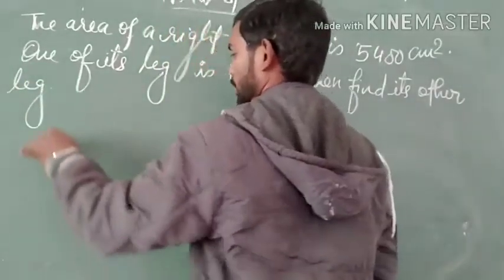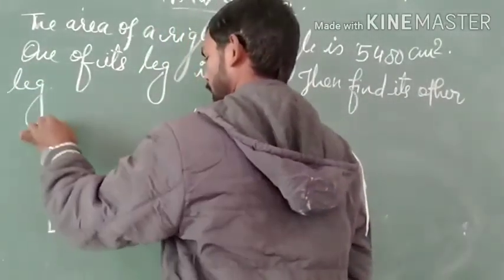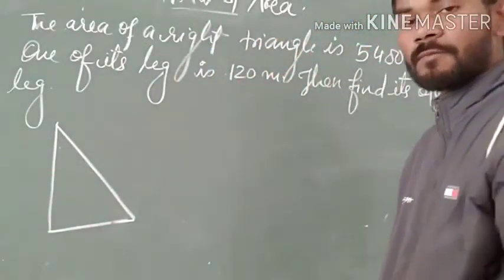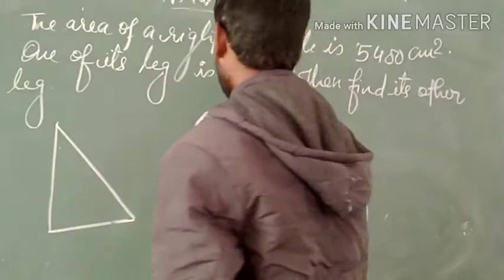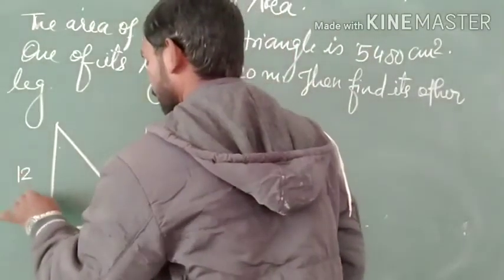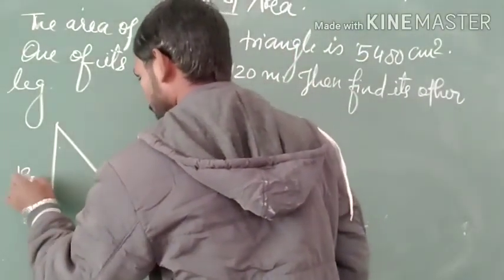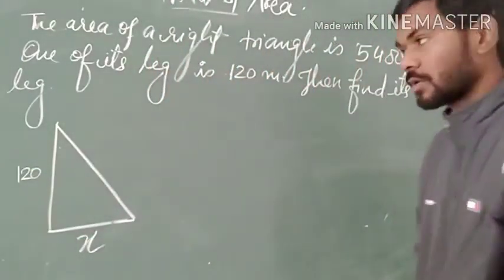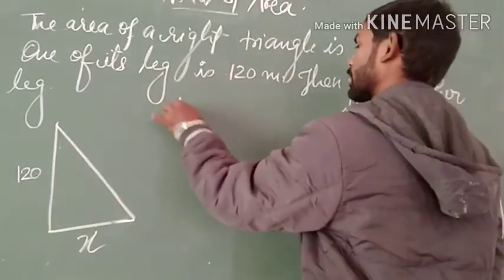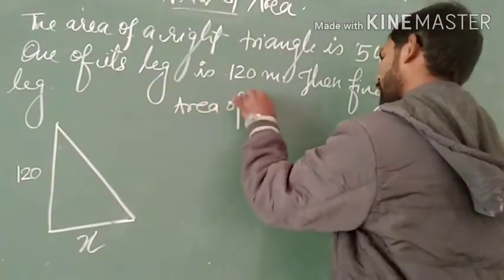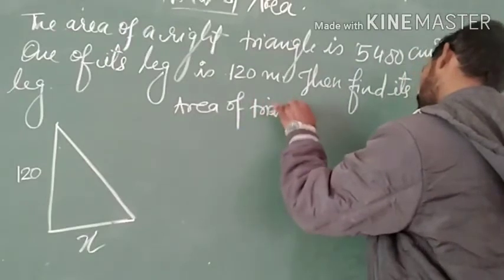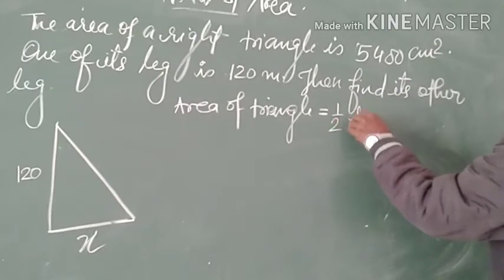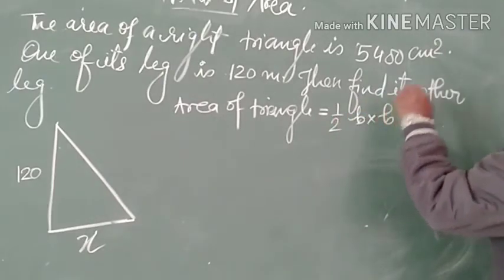Okay, so here you can see that this is a right triangle for which the area is defined as 5400. Its one length is given, 120 centimeter. Then we have to find the other. Since we know that the area of triangle is equal to 1 upon 2 b into h.